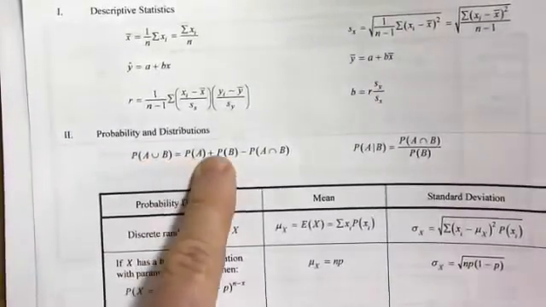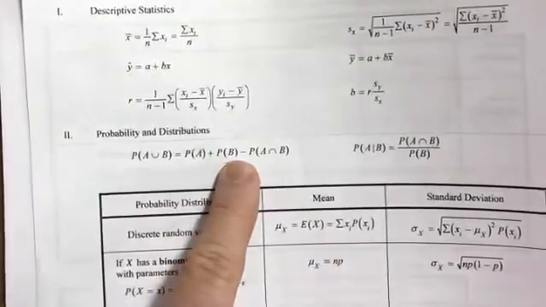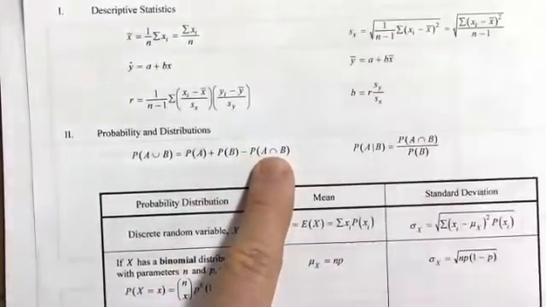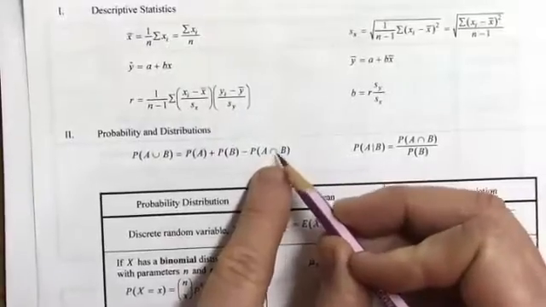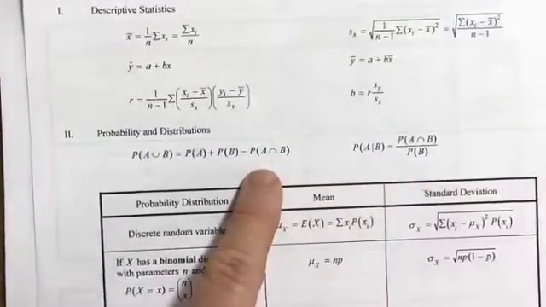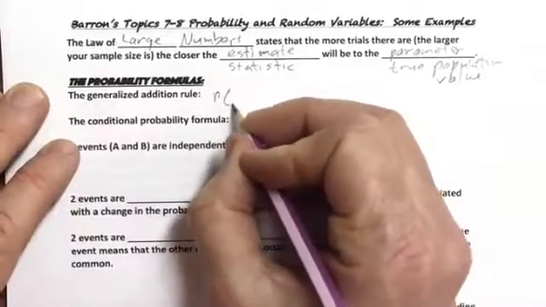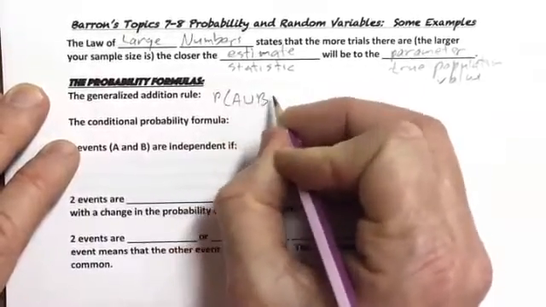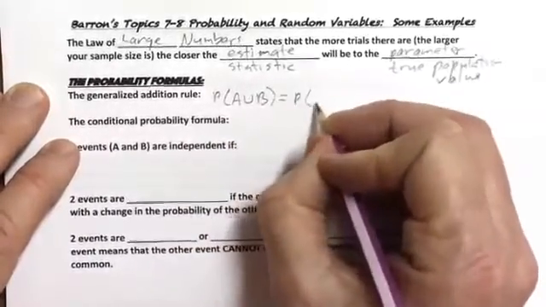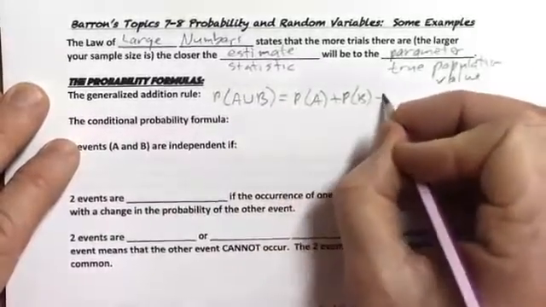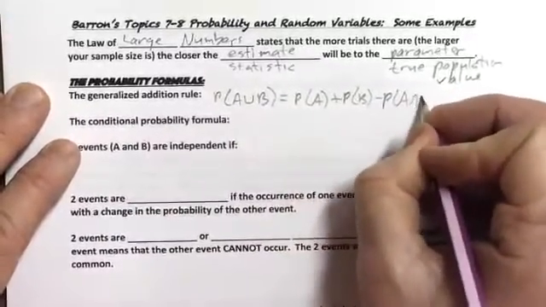It means the probability of A plus the probability of B, but you have to subtract off any overlap. That little symbol there means intersection, so that means A and B. So the generalized addition rule is: the probability of A or B is equal to the probability of A plus the probability of B minus the probability of A and B.